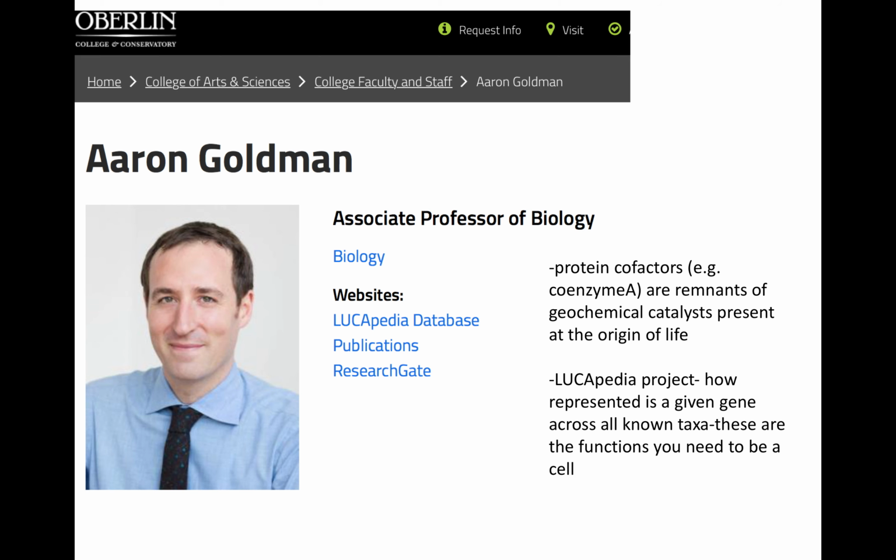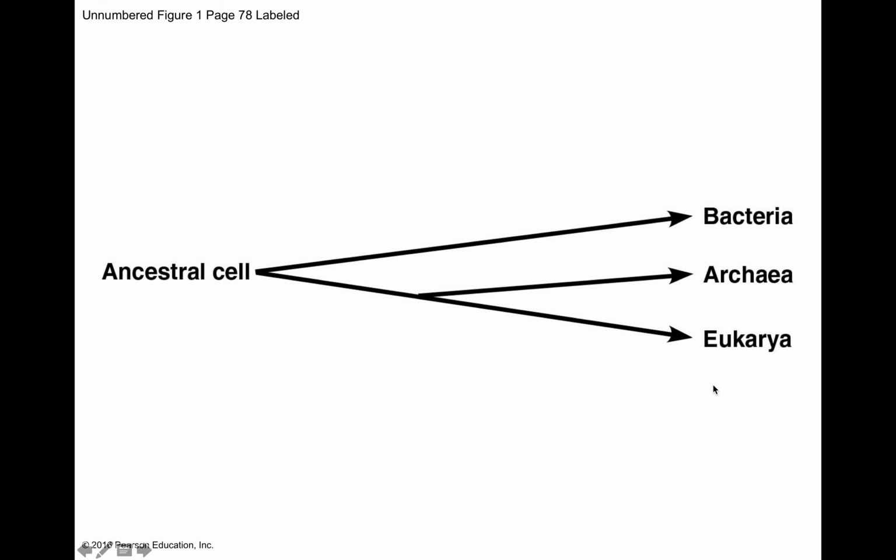Speaking of earliest cells, when I was in undergrad, there was just bacteria and eukaryotes, so prokaryotes and eukaryotes. We now recognize that there is a third group, the archaeans, and in this very primitive tree, the ancestral cells split off, and bacteria are significantly different than archaeans and eukaryotes, and archaeans and eukaryotes are more closely related to each other than they are to bacteria.